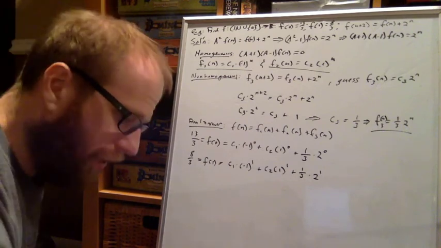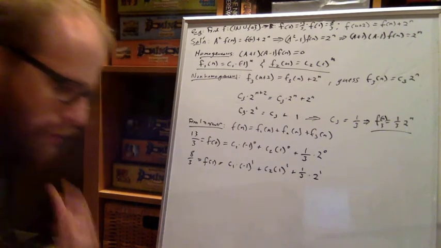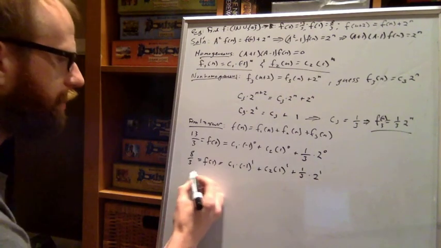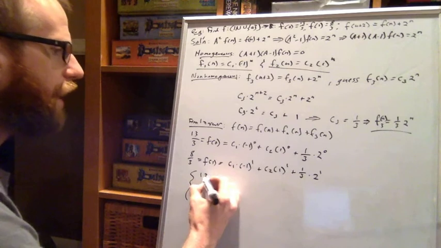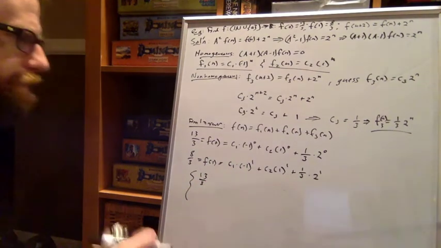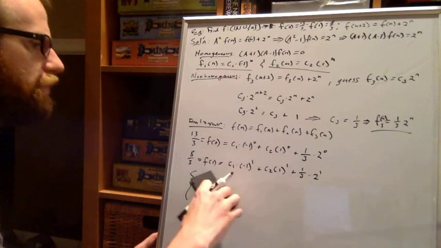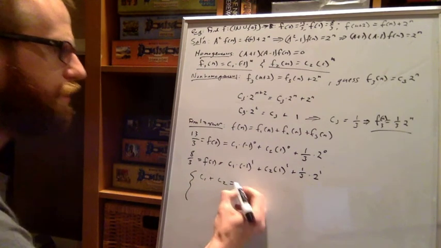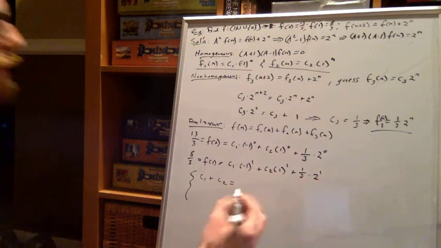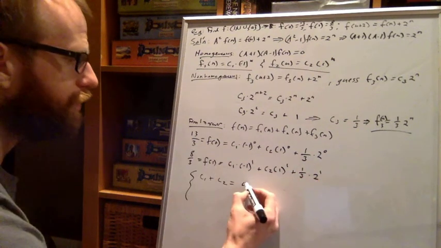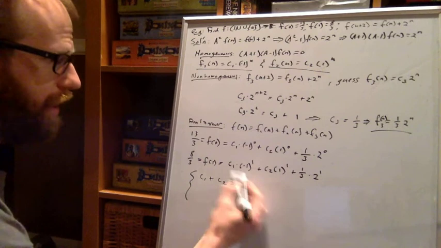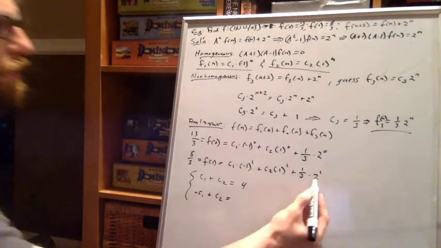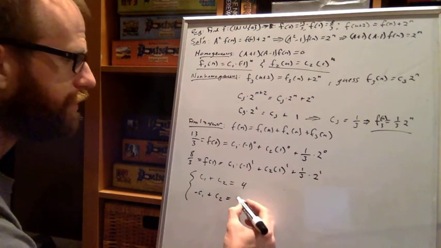Now if I work really hard and do the linear algebra, I can write it like this: c1 plus c2 equals, losing 1/3, 12/3 or 4. And then negative c1 plus c2 equals, losing 2/3 from this, 2.